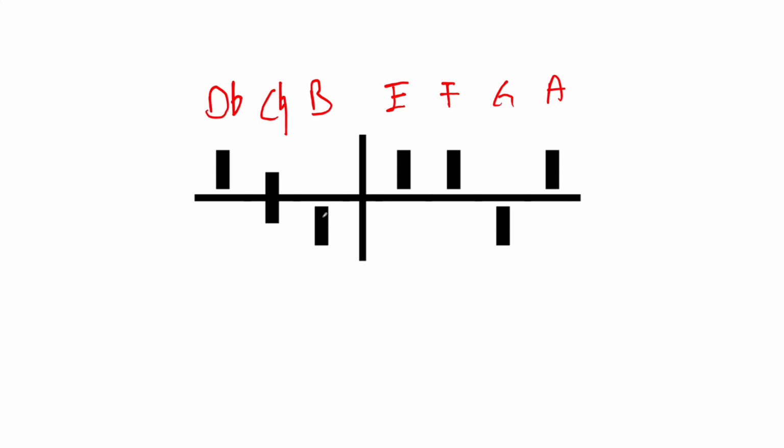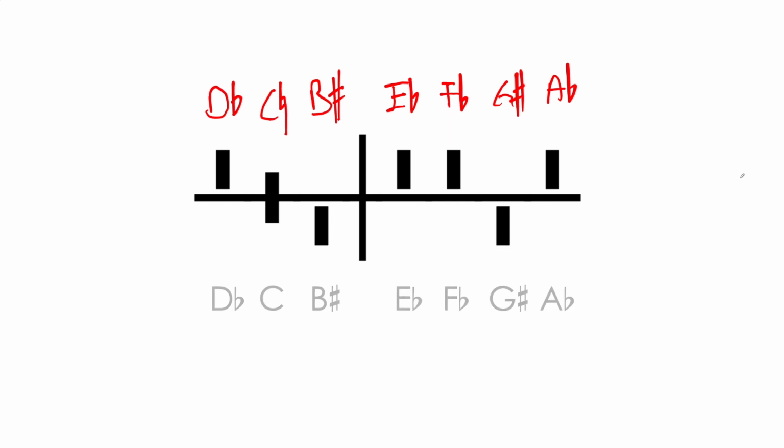And if the thick vertical line is below the horizontal line, that means this is the third position, which makes all the pitches sharp. And also here we have two flat positions, one sharp position and another flat position.